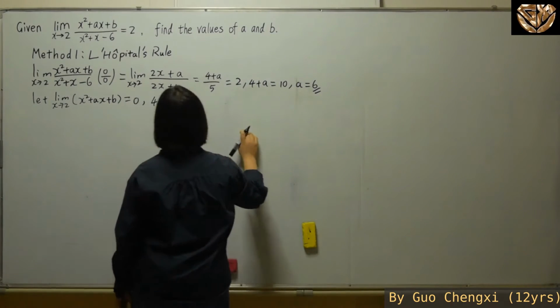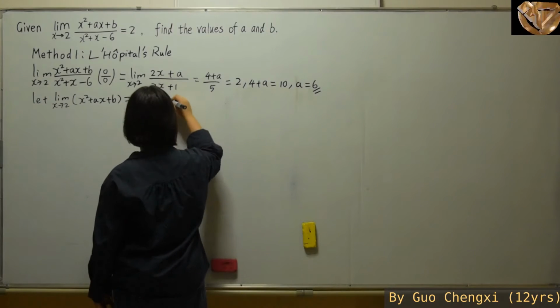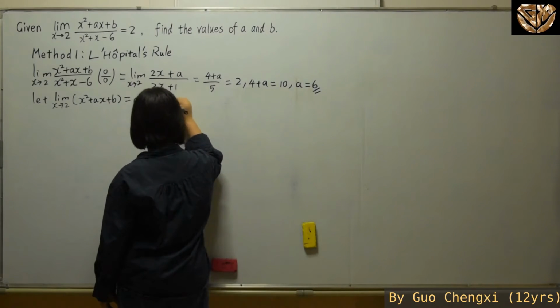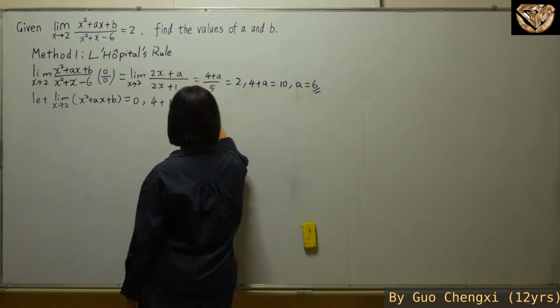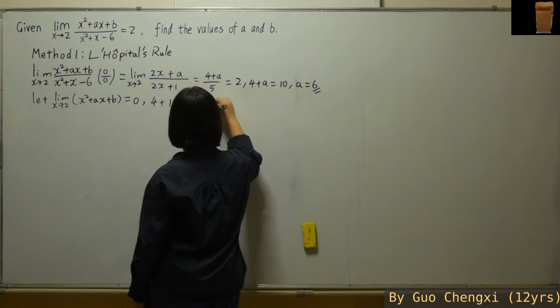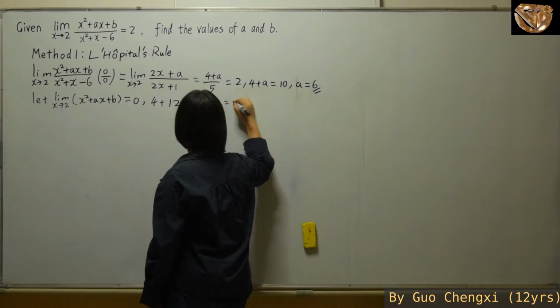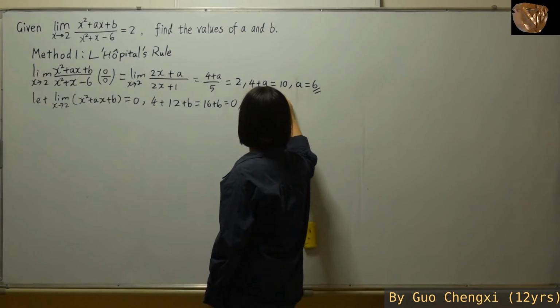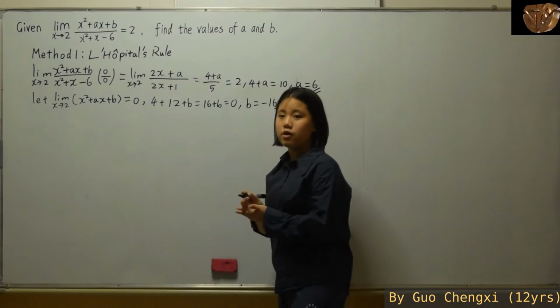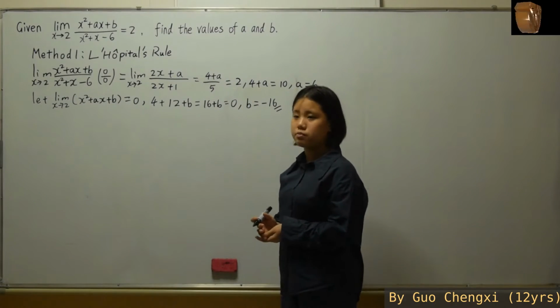You already know what a is, so you can plug it in: 2 times 6, 12, then plus b. So this will be 16 plus b, which equals 0, and thus b is equal to negative 16. And that is our answer for our first method.